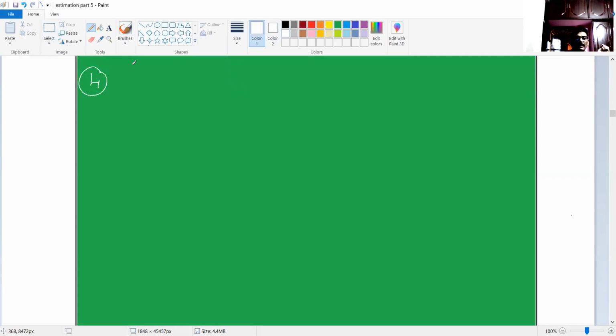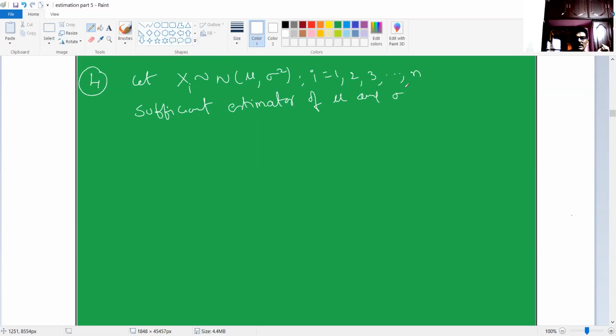Example 4. Let x follow a normal distribution with mean mu and variance sigma square. The xi's are IIDs, i equal to 1, 2, 3 and so on up to n. Find the sufficient estimators of mu and sigma square, jointly sufficient for mu comma sigma square.